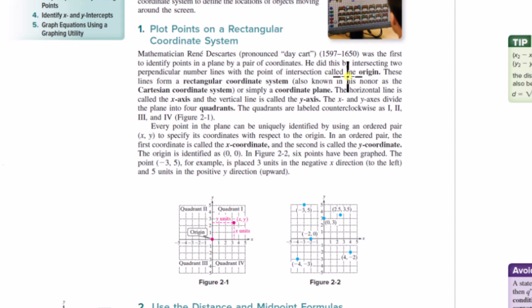He did this by intersecting 2 perpendicular number lines with the point of intersection called the origin. These lines form a rectangular coordinate system, also known in his honor as a Cartesian coordinate system, or simply a coordinate plane. The horizontal line is called the x-axis, and the vertical line is called the y-axis. The x and y axes divide the plane into 4 quadrants. The quadrants are labeled counterclockwise as 1, 2, 3, and 4.